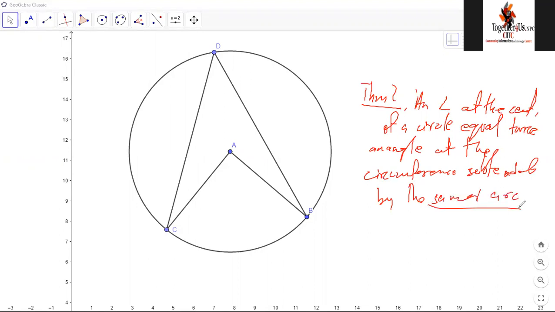And this is important. To say the same arc is really, really important. Now let us look at this in the diagram.